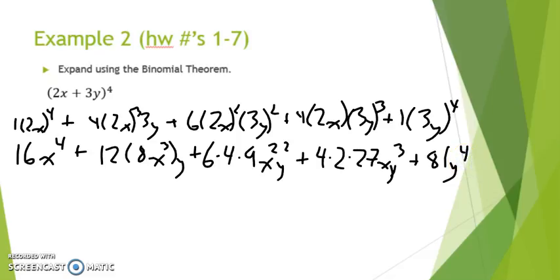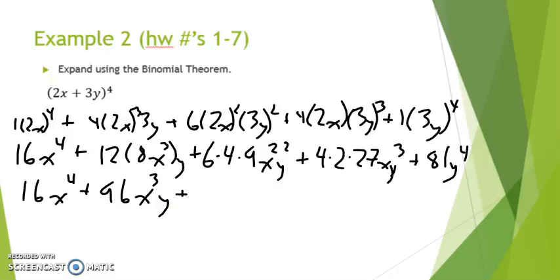So I still have more combining I need to do here, because, for example, I need to be able to multiply 12 times 8. First one's done. 12 times 8 is going to equal 96, and then that's x to the third power, y to the first.